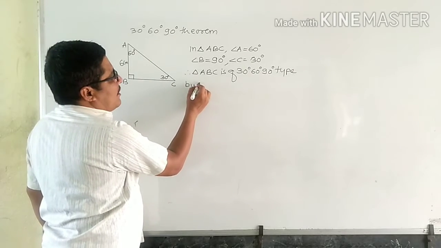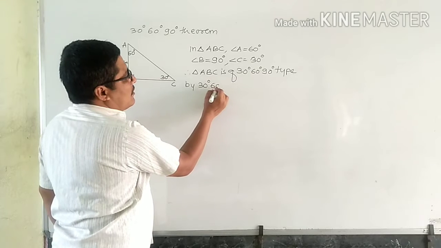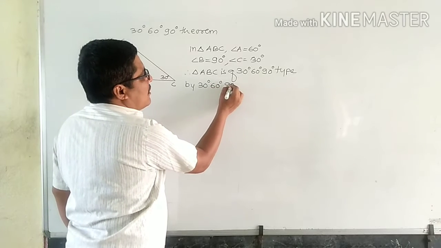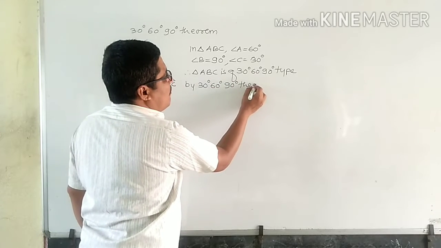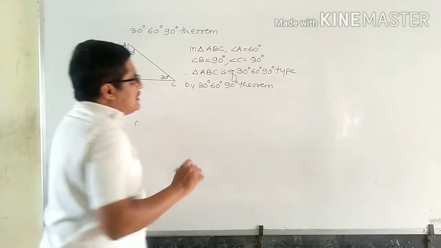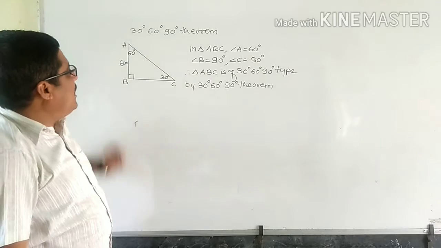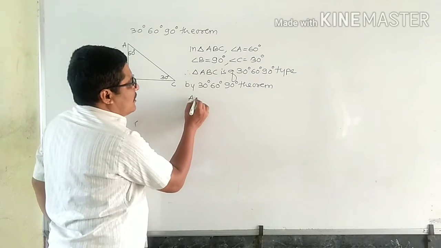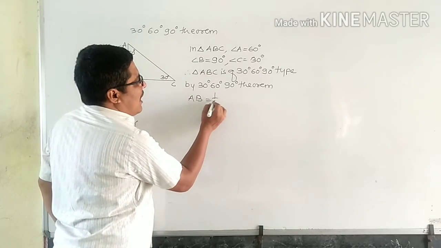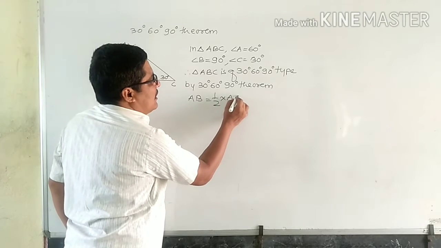Therefore by the 30, 60, 90 theorem, the side opposite to 30 degree is half of the hypotenuse. That means AB is half of AC.